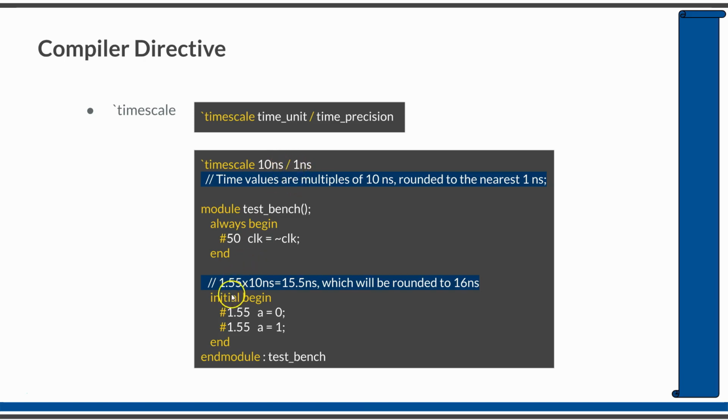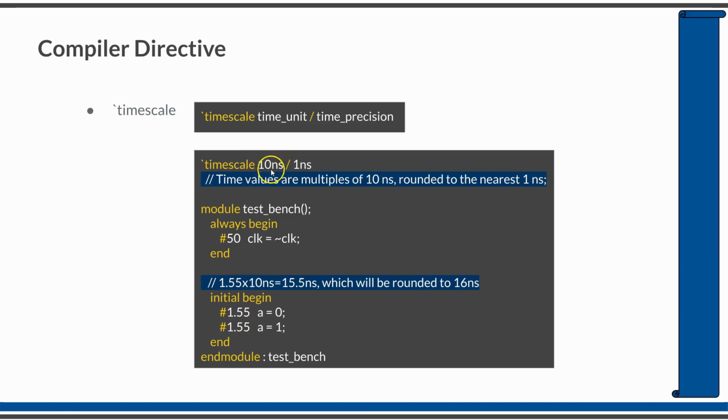For example, consider this statement: initial begin #1.55 a = 0. So after 1.55 time units, a needs to be assigned 0. To find the value of 1.55, it will first be multiplied with the time unit, so it will be equal to 15.5 nanoseconds.